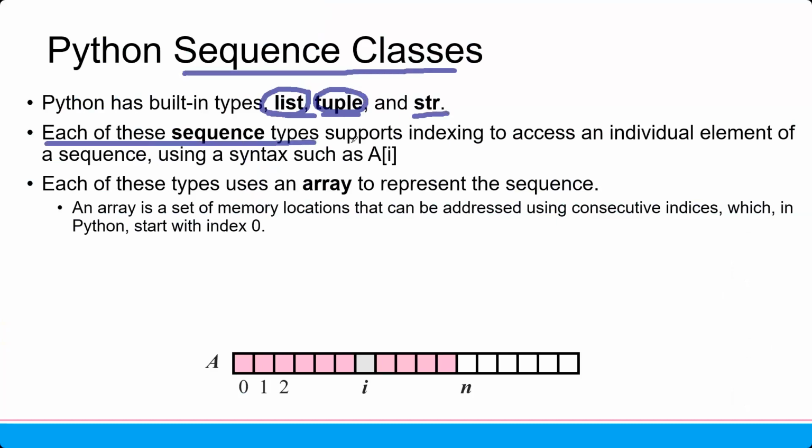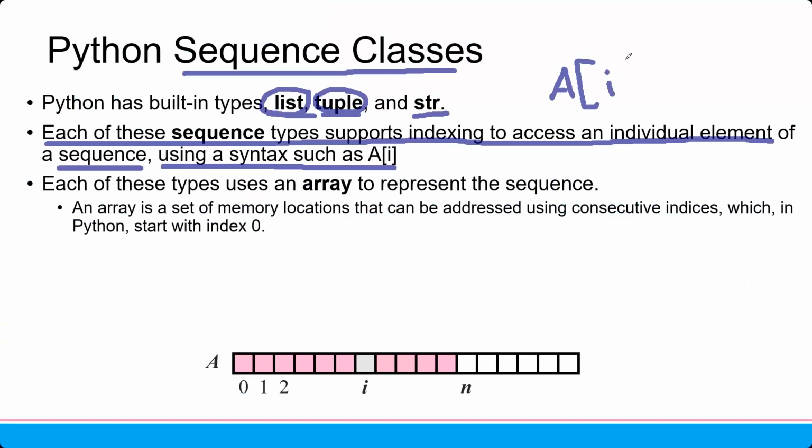Each of these sequence types supports indexing to access an individual element of a sequence. We use the syntax, for example, A at index i, to check what is the element at a particular index. Each of these types uses an array to represent the sequence.